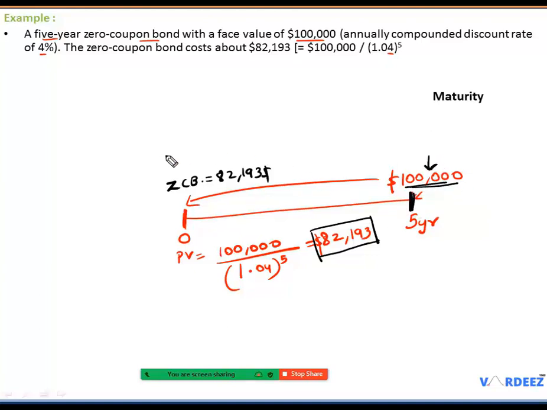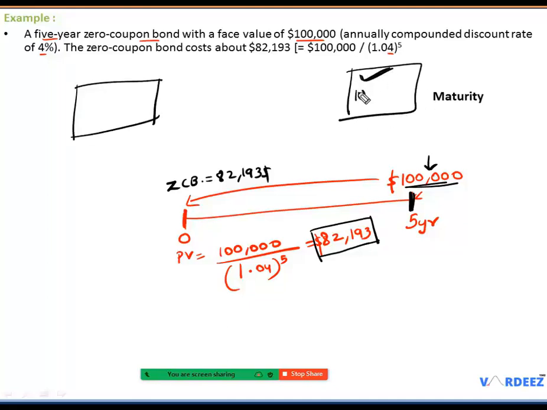$100,000. Now the entire point is that we are imagining a situation where we need $100,000 at the maturity, maybe after 5 years. That's what we want to position for.